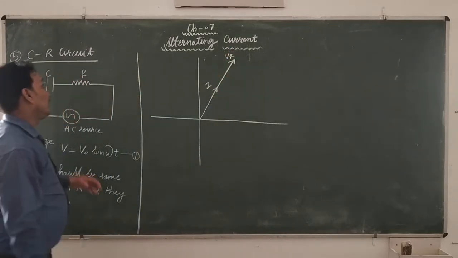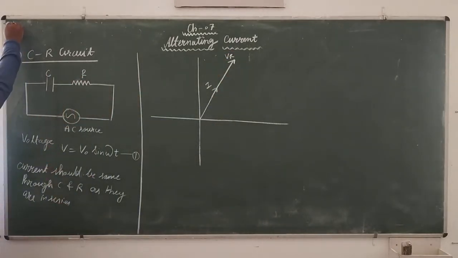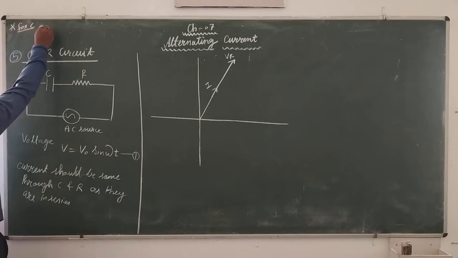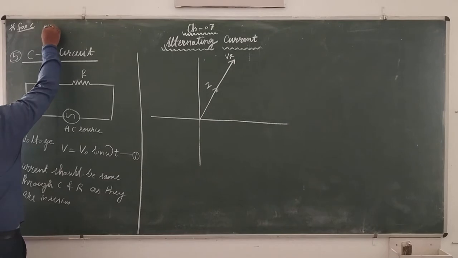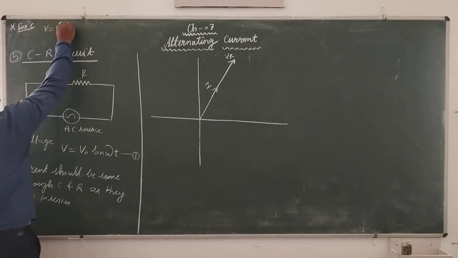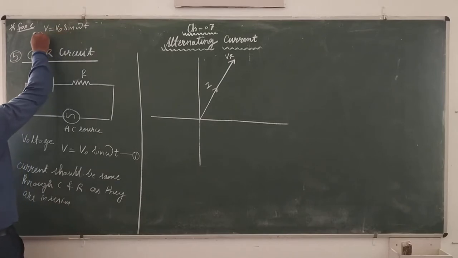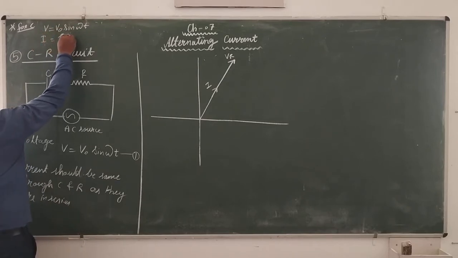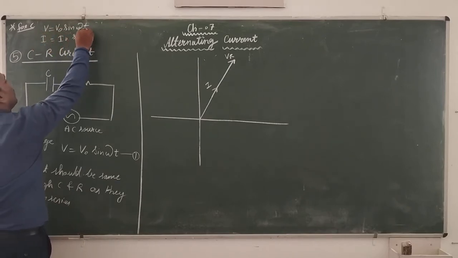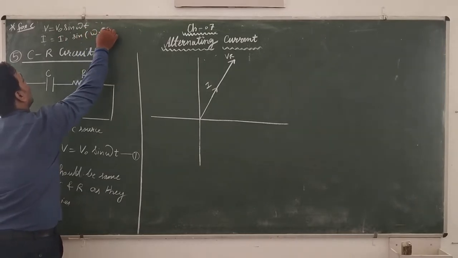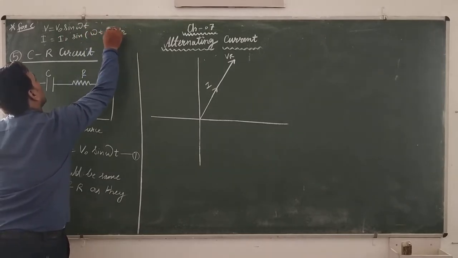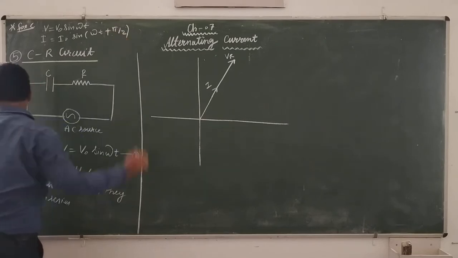For the capacitor, if V is equal to V0 sin omega t, then the current is given by I0 sin omega t plus pi by 2.